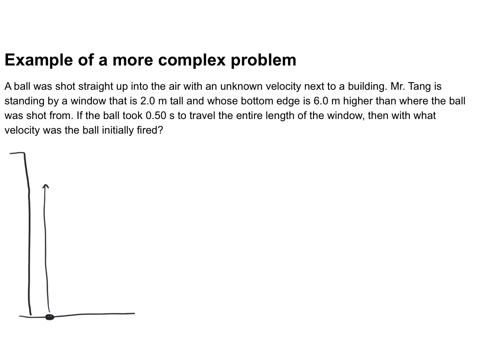So I'm going to create a window here. Okay, so there's going to be my window, and this can be my apartment. Okay, so that's the window. It's a 2-meter tall window, and it began 6 meters high.